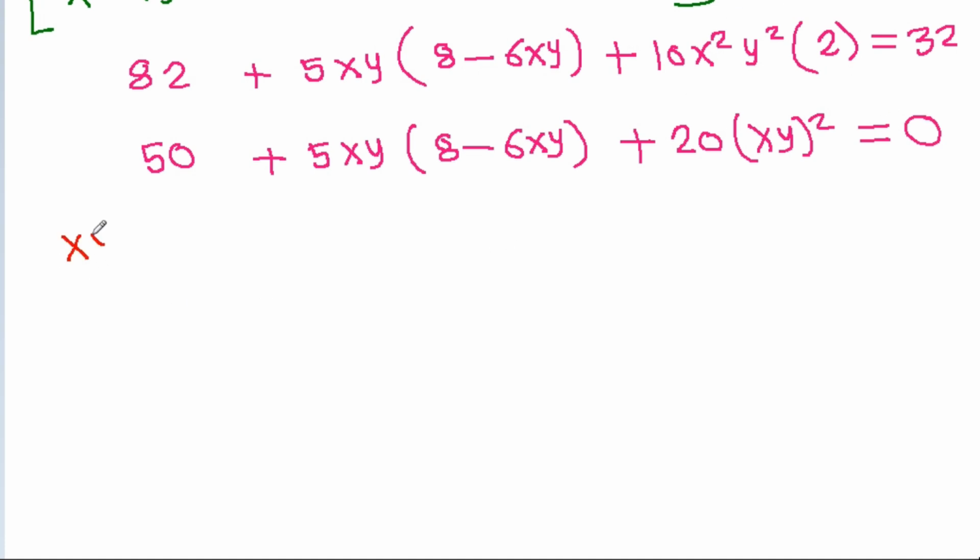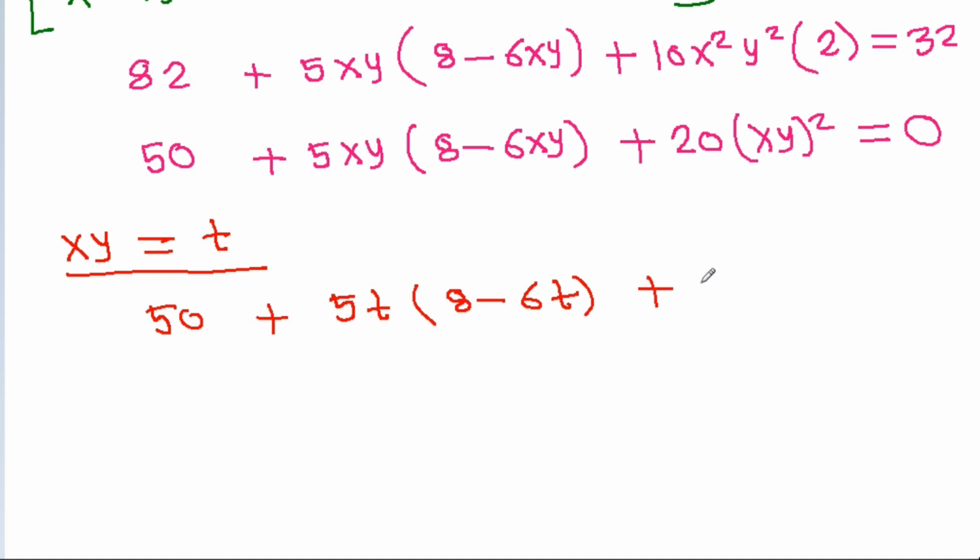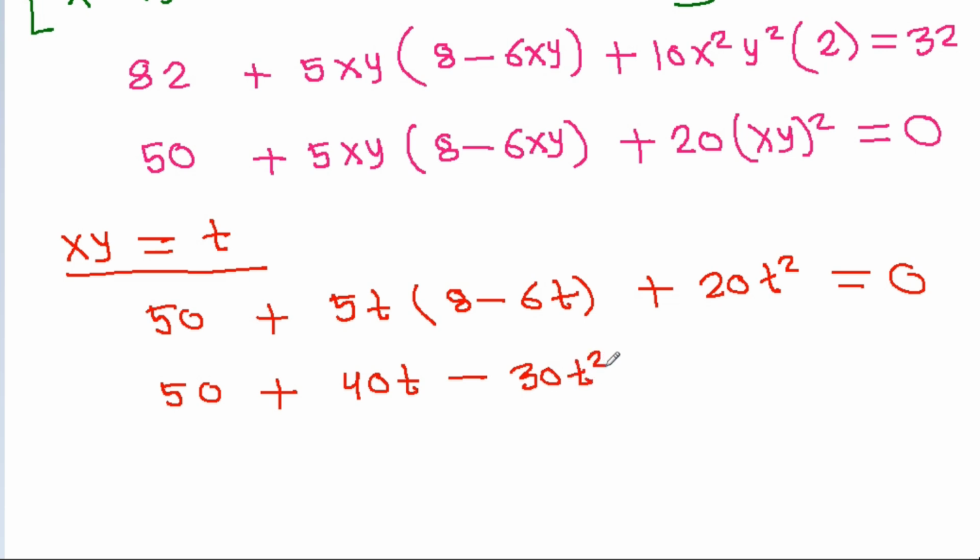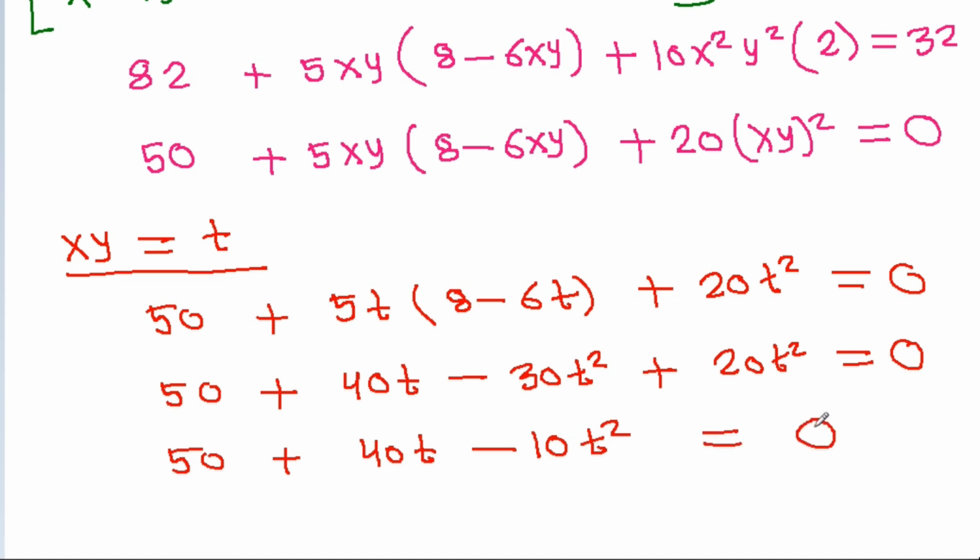and if we take xy as t, then it will become 50 plus 5t times (8 minus 6t) plus 20t square is equal to 0, and it is 50 plus 5 times 8 is 40t minus 5 times 6 is 30t square plus 20t square is equal to 0, and it is 50 plus 40t, and minus 30 plus 20 is minus 10t square is equal to 0.